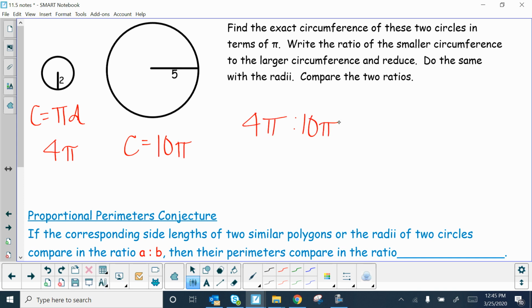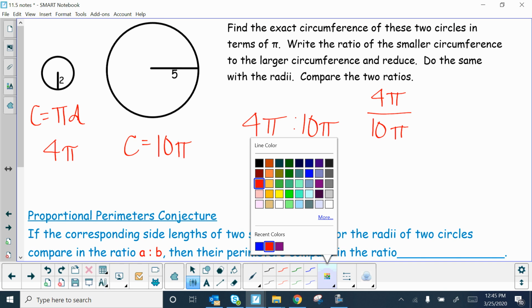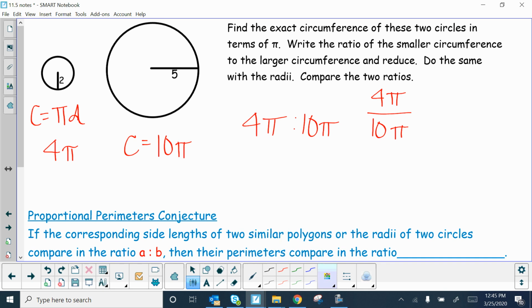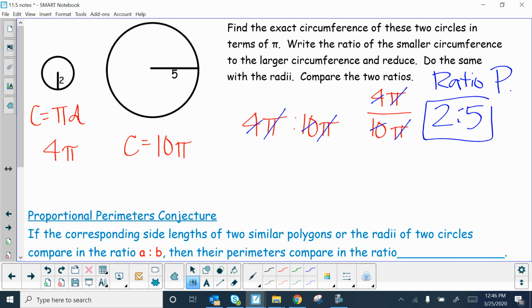Now remember, you can write these as fractions as well. 4 pi to 10 pi. So you'll notice that if we reduce this, we can cancel out the pi's, and the 4 and the 10 can also get reduced to what? 2 to 5. So the ratio of the circumferences, which is kind of like the perimeter ratio, is 2 to 5. Now it says, look at the radii.